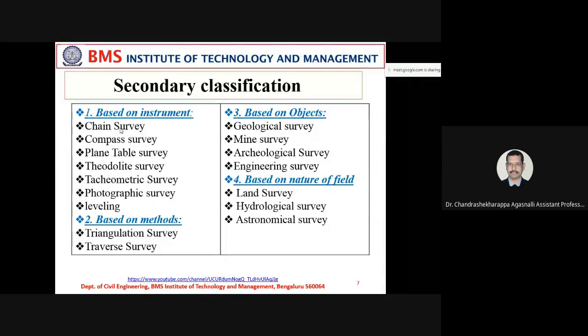Next is the mine survey. A mine survey is done in already known places, a specific mining area. Within the boundary, you have to do the mining, with different geologies and different benches, where they are excavating the waste and the ore.